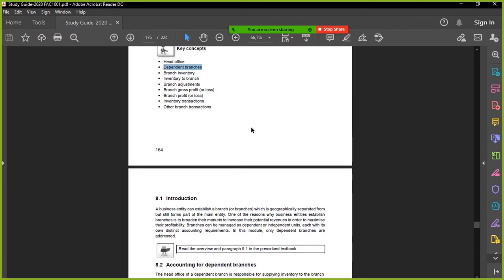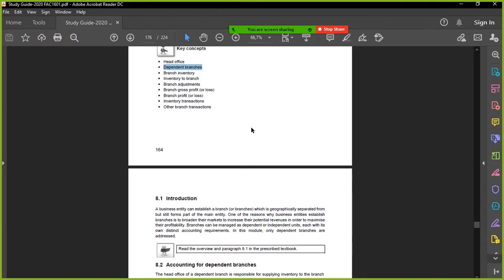You're not going to be doing other things from the branch. The branch isn't going to have any accountant because the branch is probably small. It could though, but again, it depends on size. It depends on the individual scenario that you've been given. So just keep it simple. Dependent branches, it's a different location.